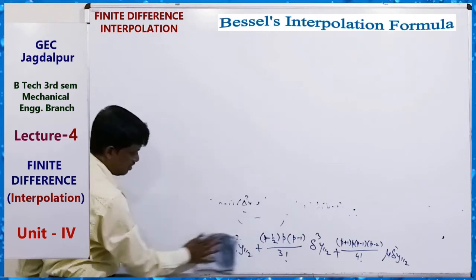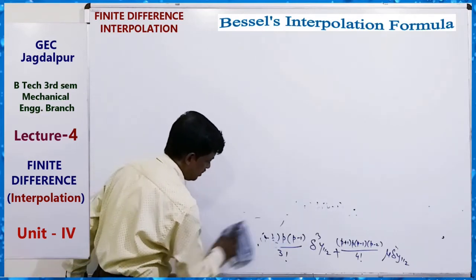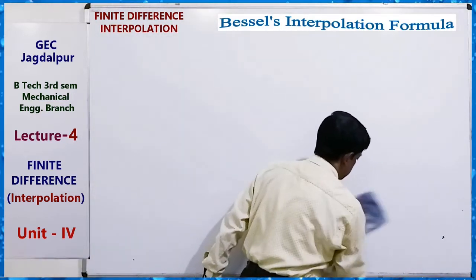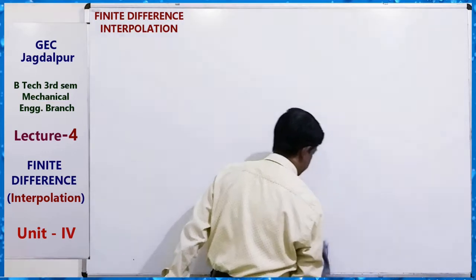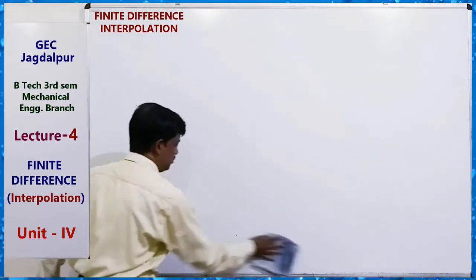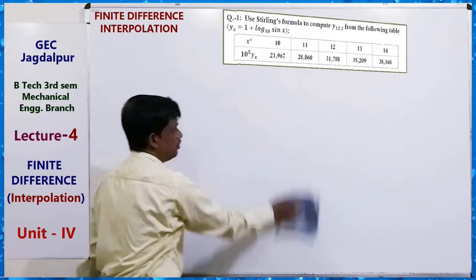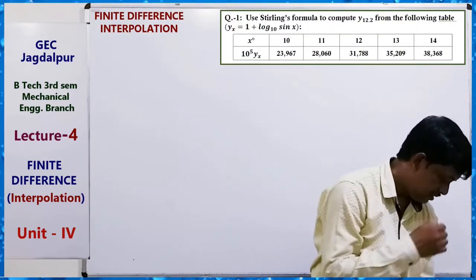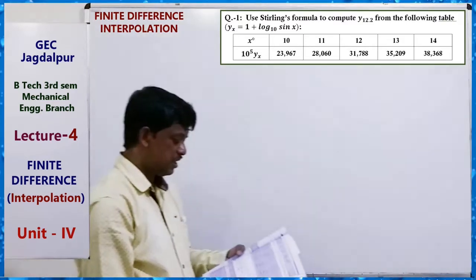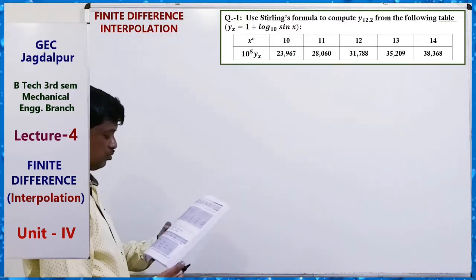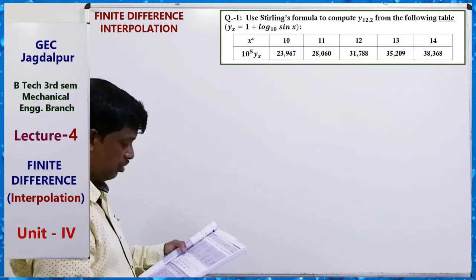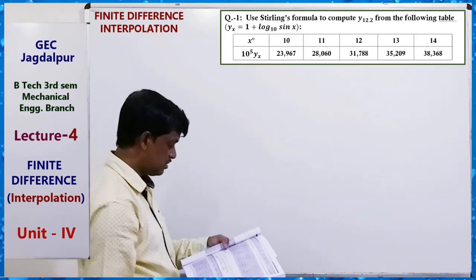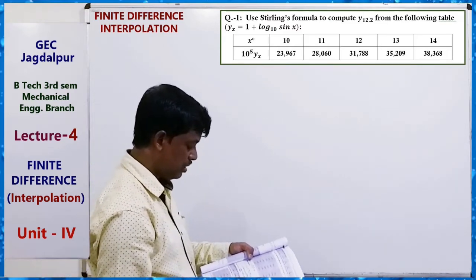From the table we can find the differences. So for the given data we have to form a difference table, and then we can find the answer. So see here, employ Stirling formula to compute y 12.2 from the following table, where yx equals 1 plus log sin x to the base 10 at x degree, 10 to the power 5 yx.